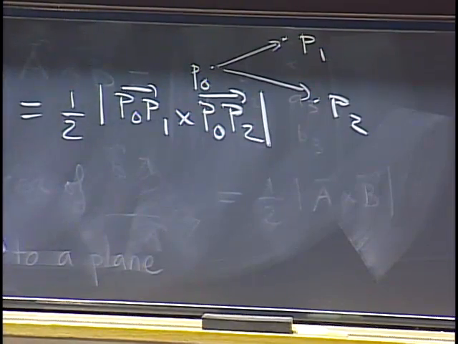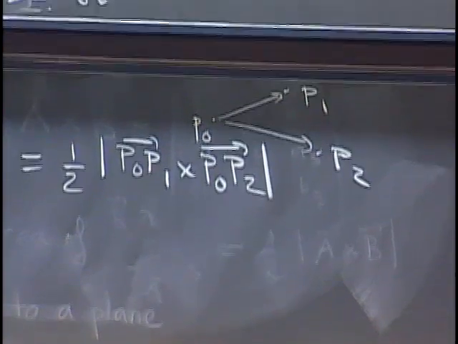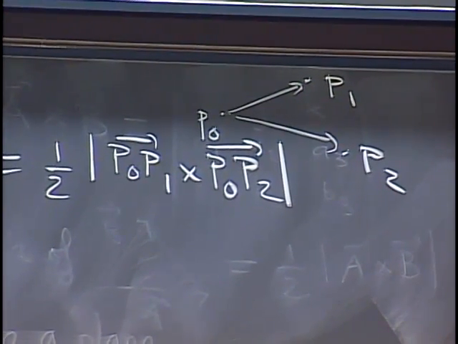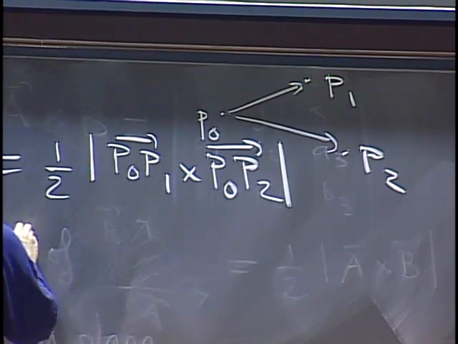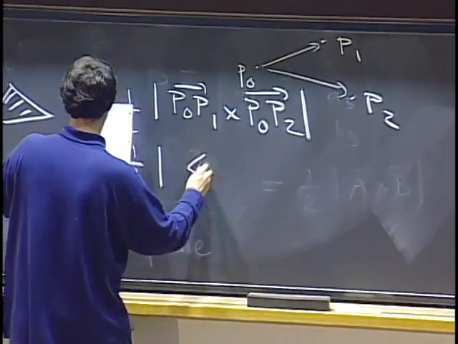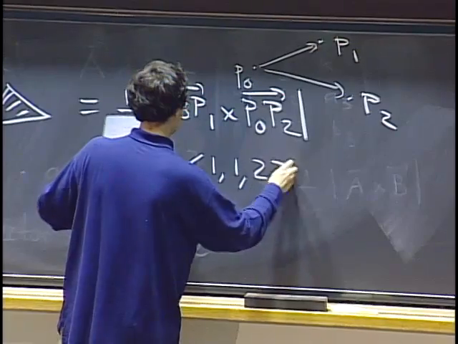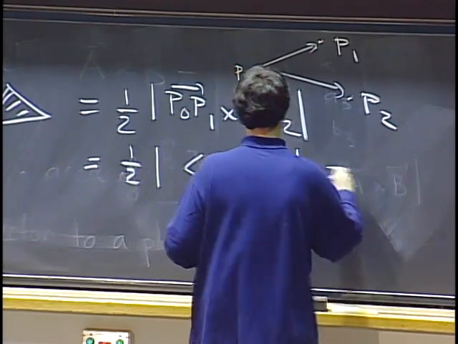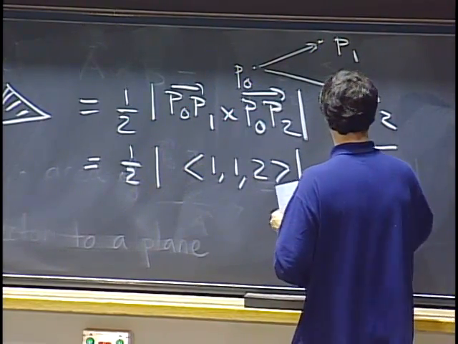If we take the cross product and take the length of that and divide by 2, that will give us the area of a triangle. So here, it turns out that this is 1, 1, 2, if I look at the solutions. So you will end up with square root of 6 over 2.